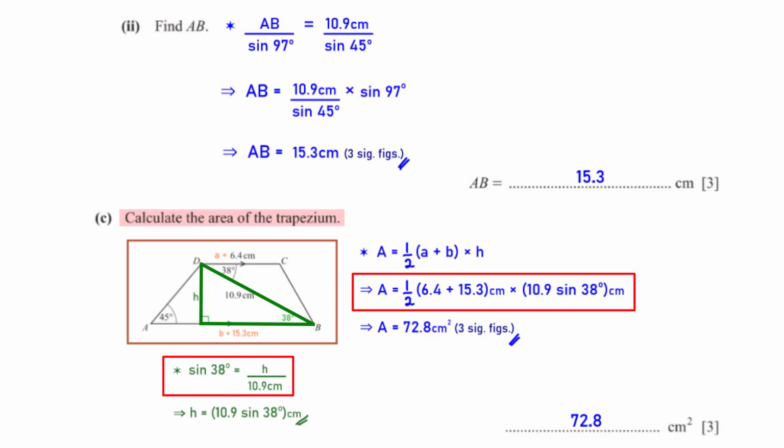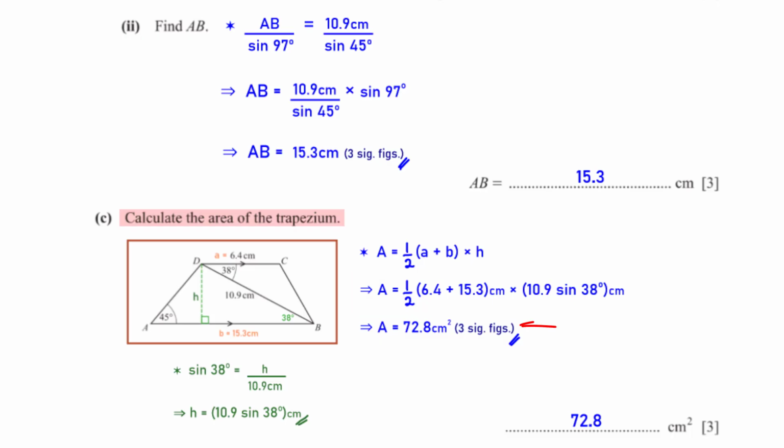This gives us sine 38 equals H divided by 10.9 centimeters. When we make H the subject, we get 10.9 sine 38 centimeters. So now, when we type this into the calculator, we get 72.8 centimeters squared, rounded to 3 significant figures.